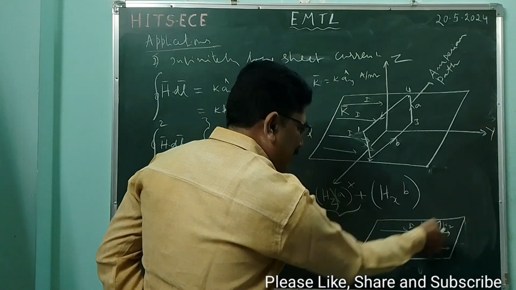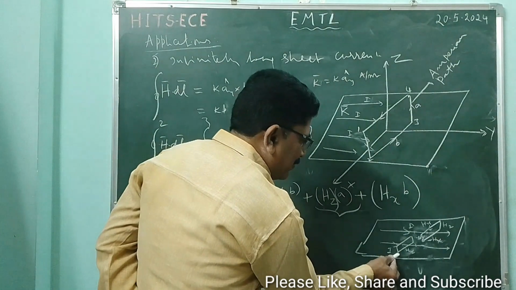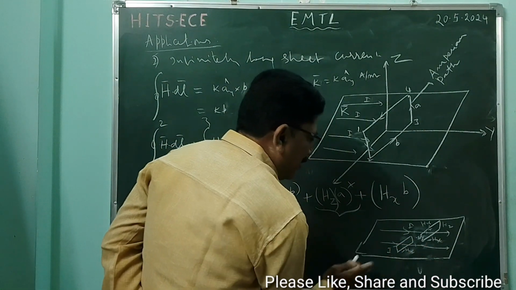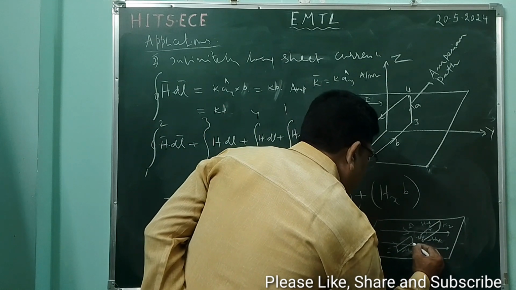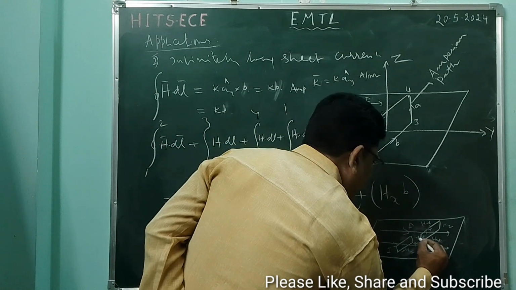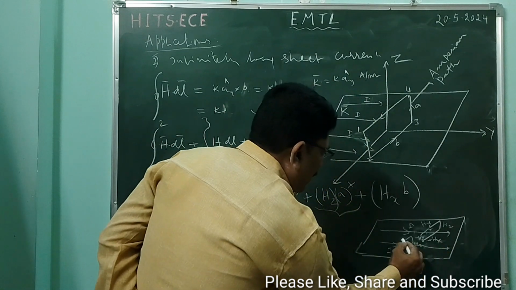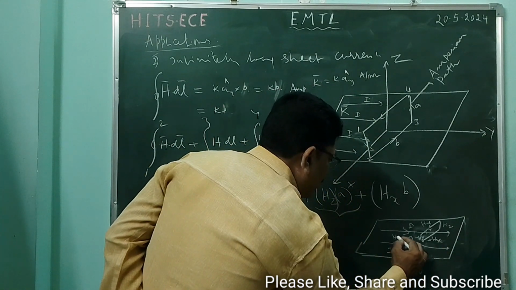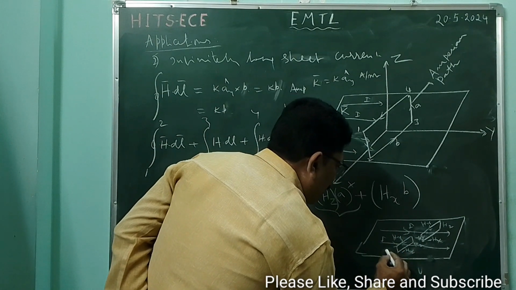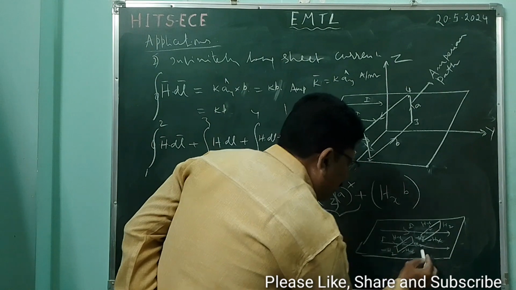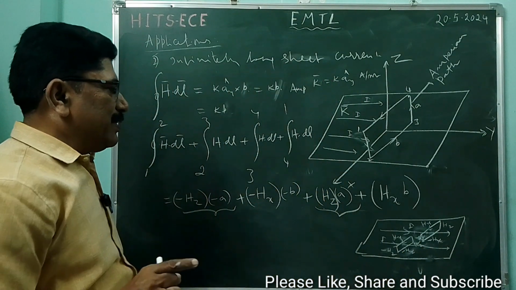Hx is negative, Hx for this path is positive. For this path, this is minus Hx, and this is plus Hz, here it is minus Hz, and this one is Hx. So this minus Hz, this plus Hz components will get cancelled. So only the x components will remain.